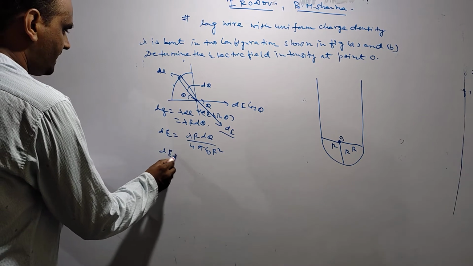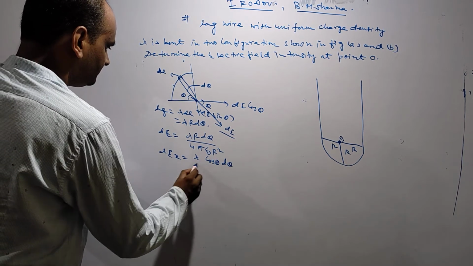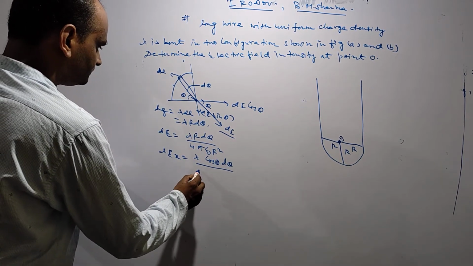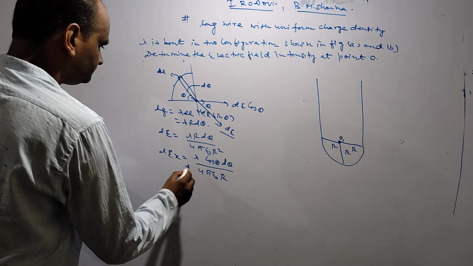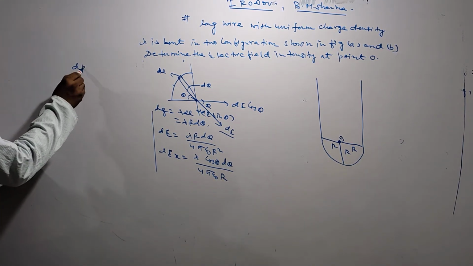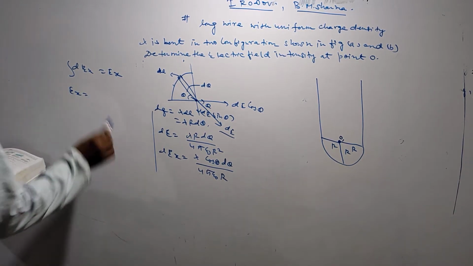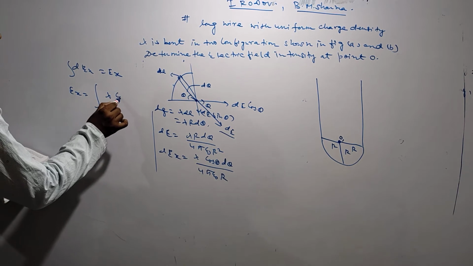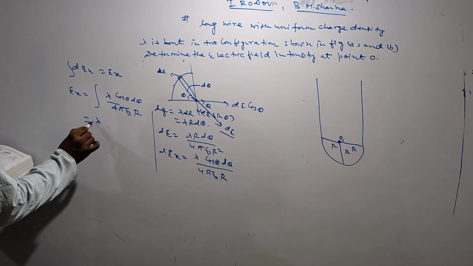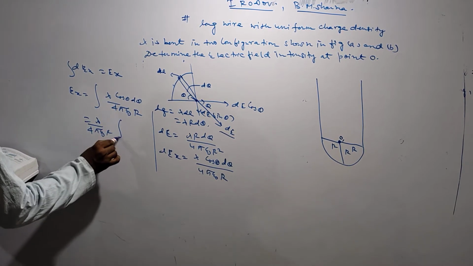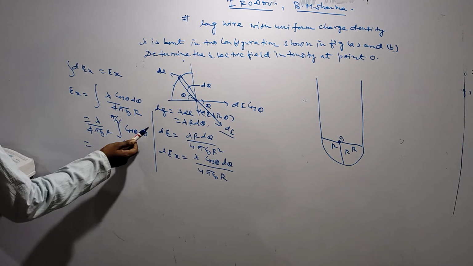So dEx we have lambda cos theta d theta over 4 pi epsilon naught r. Now when we integrate this, we will find Ex. Now Ex on integration is lambda over 4 pi epsilon naught r times the integration of cos theta d theta from 0 to pi by 2, which is equal to 1.